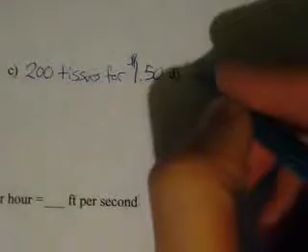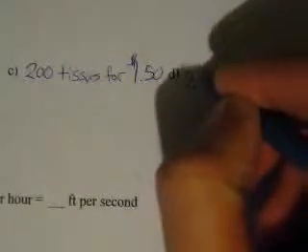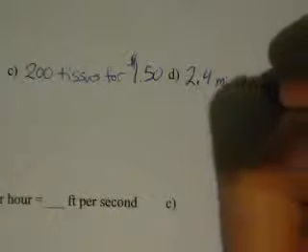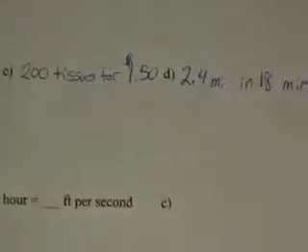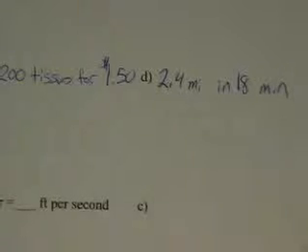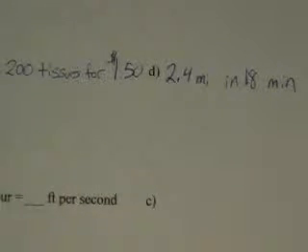What is the unit rate? And letter D will be, if I could run 2.4 miles in 18 minutes, what is the unit rate? How many miles per minute? So take a couple seconds, pause the video.